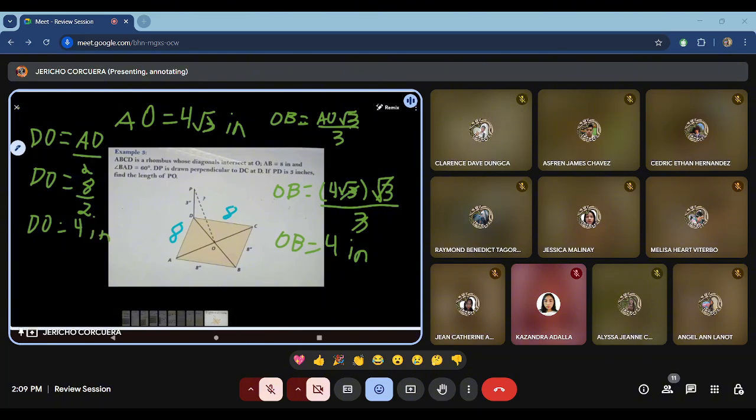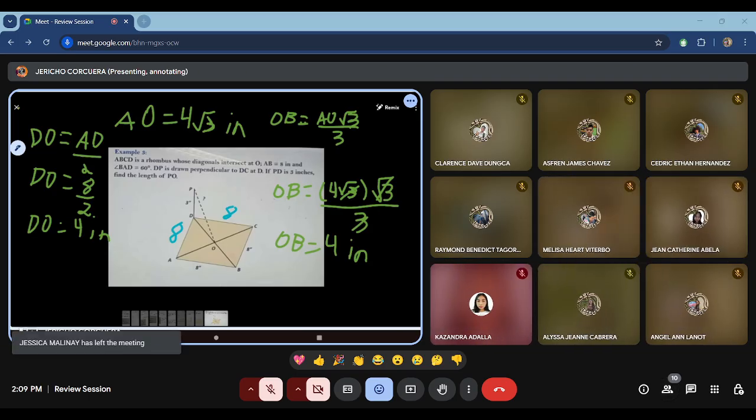And now since we already have the value of DO, we can now find the value of PO. Oh, never mind that. Don't mind that, chat head. And then we are now going to look for the value of DPO.